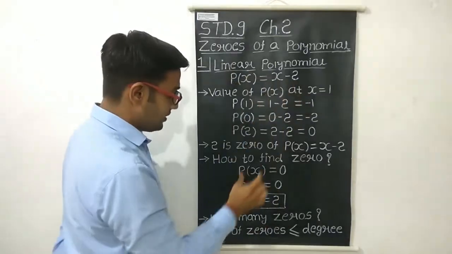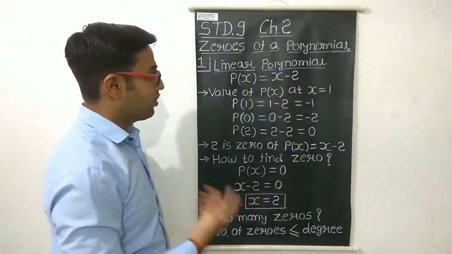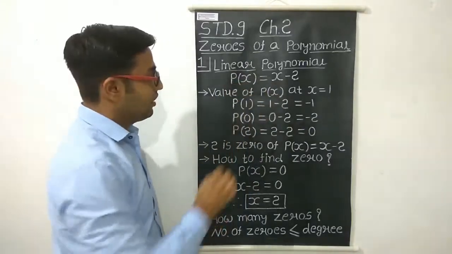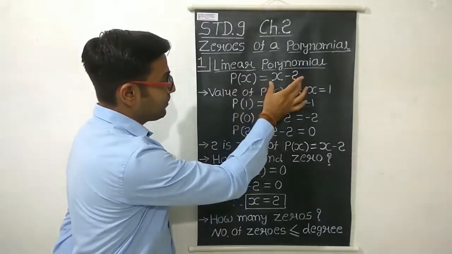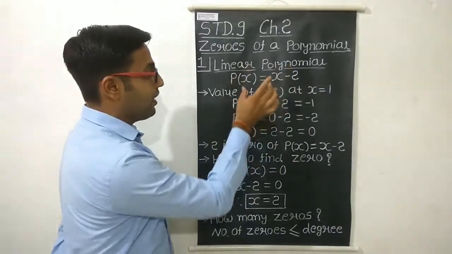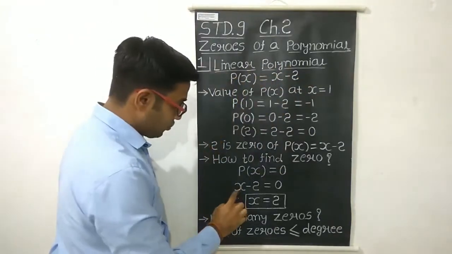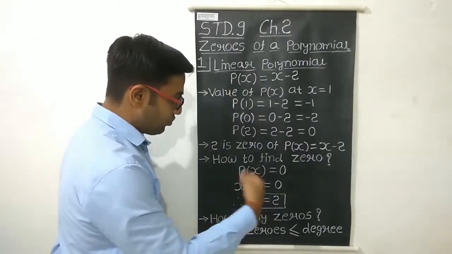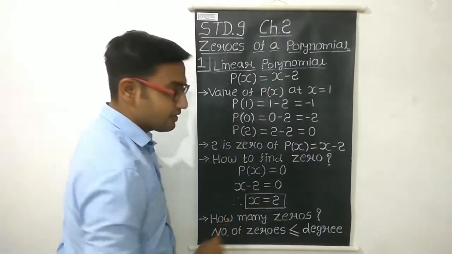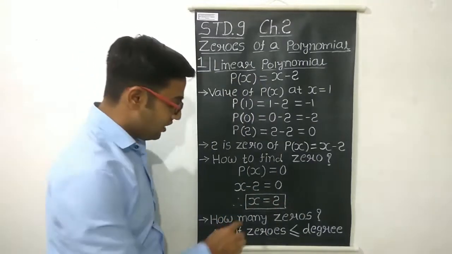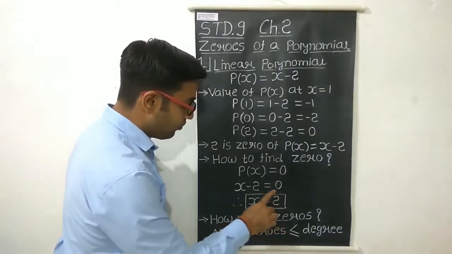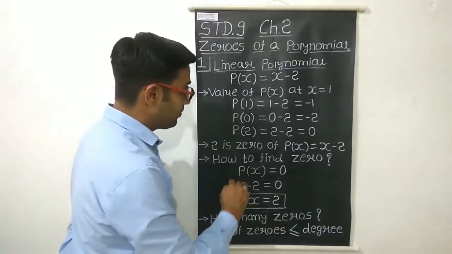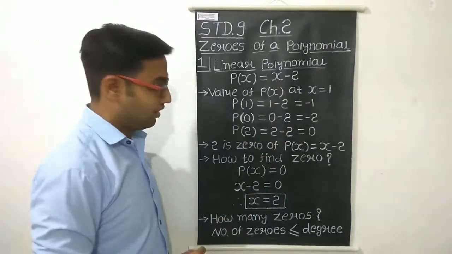And p of x is x minus 2. So we have to compare it with 0. So x minus 2 is equal to 0. Now take this 2 to the right hand side. We will get x is equal to 2. Right? So this value, whatever we get here, becomes the zero of this given polynomial. Right?